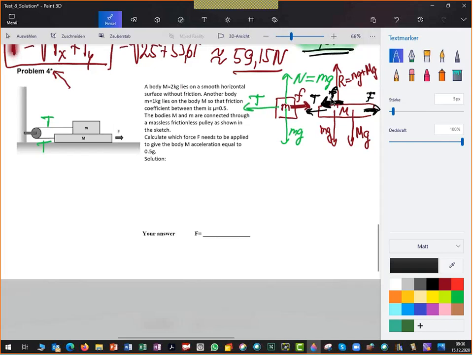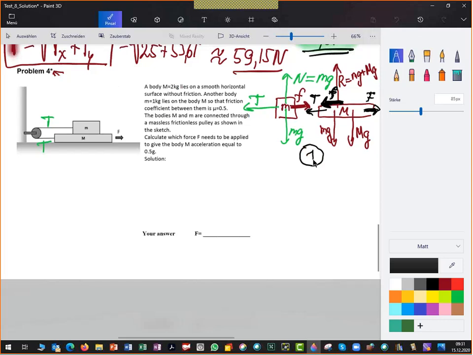So now, after we are ready with this first step, we can think about choosing the right axis for our solution. Because the whole system moves this way, I will choose this as the positive direction. So let me make it more clear here.